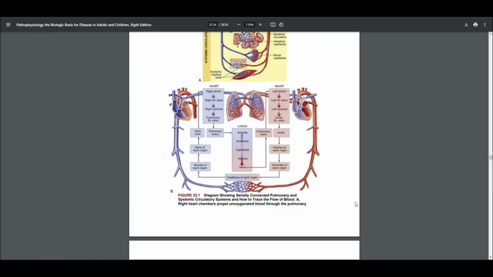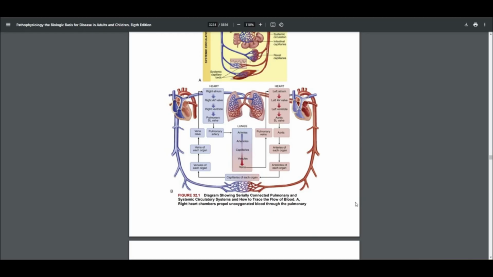Once that blood enters the lungs via the arteries and arterioles, all the way through to the capillaries, we have that inhale-exhale exchange of blood between the capillaries and the venules. It goes back into our veins via the pulmonary vein into the left atrium.